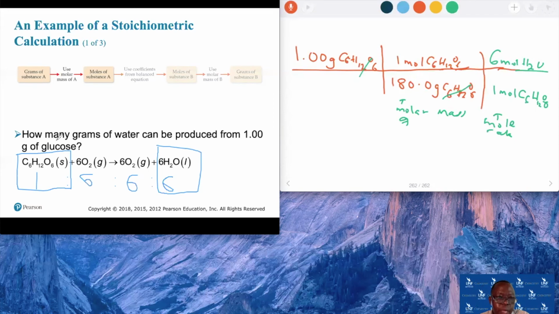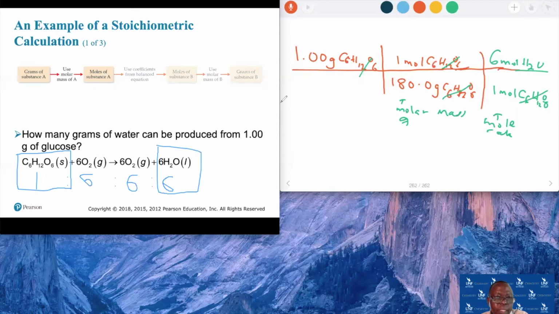You need to know how you set up your problem from here. You start off with what you are given so that you reconcile the units. You see here, from grams of glucose to moles of glucose, we use its molar mass, and this is how I set it up. If I cancel this, I'll remain with moles of H2O.